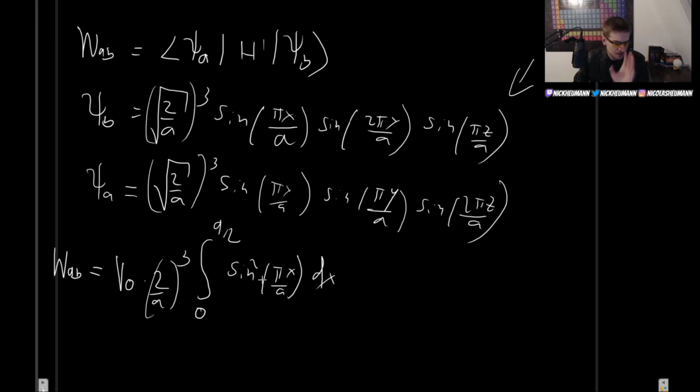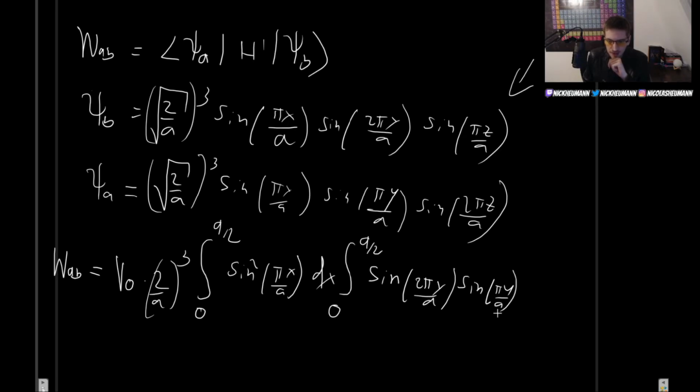Okay, we've done this several times already in this very video. Second integral, from 0 to a over 2 of sine of, and this time it's different. Now we have 2 pi y over a times sine of pi y over a, dy.